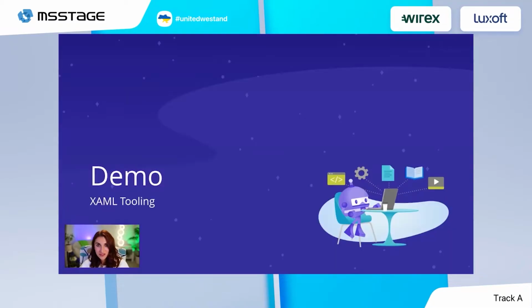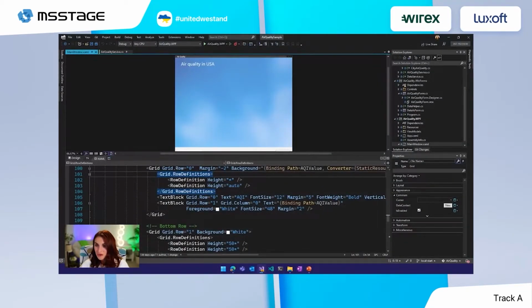And I want to just start with a demo. Let me open Visual Studio and show you all the features in action. I'm gonna remove myself so I'm not in the way for the code. And here I have a WPF application that shows you air quality in different cities. Recently, over the last few years, we had some disaster with fires, and air quality at times was very bad, so we had to close all windows and not go outside.